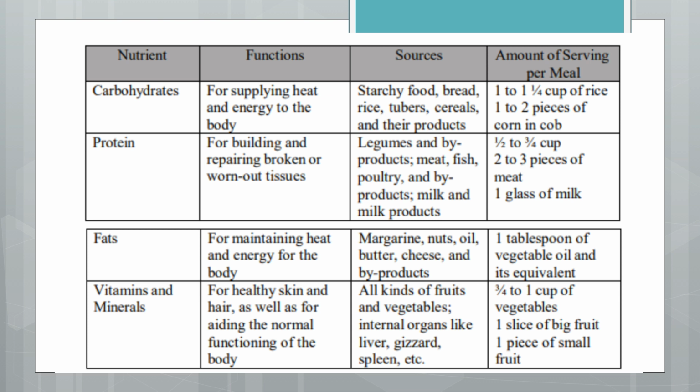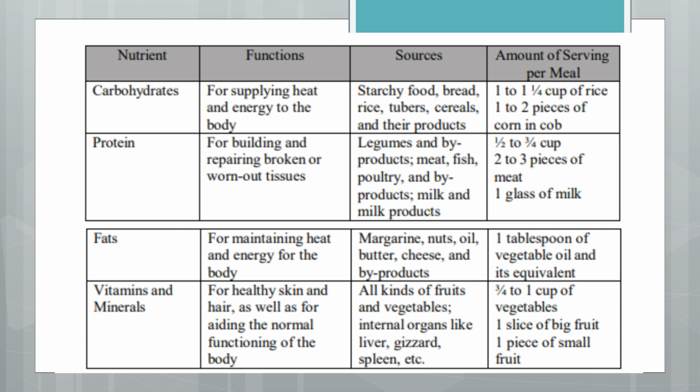The sources for this one are starchy food like bread. We also have here rice, tubers, cereals, and dairy products. Then the amount of serving per meal should be 1 to 1.4 cup of rice or 1 to 2 pieces of corn in cob.